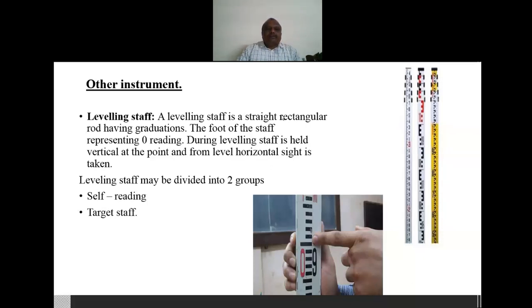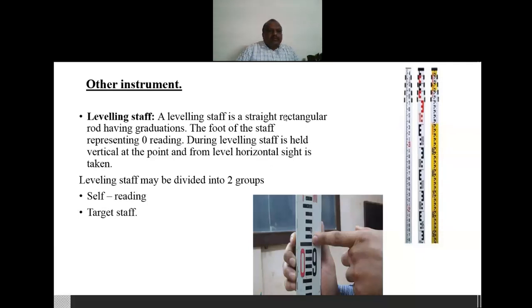A leveling staff is a straight rod having graduations. The foot of the staff represents the zero reading. During leveling, the staff is held vertical at a point, and the horizontal sight is taken from the level. Leveling staffs may be divided into two groups: self-reading and target staff.